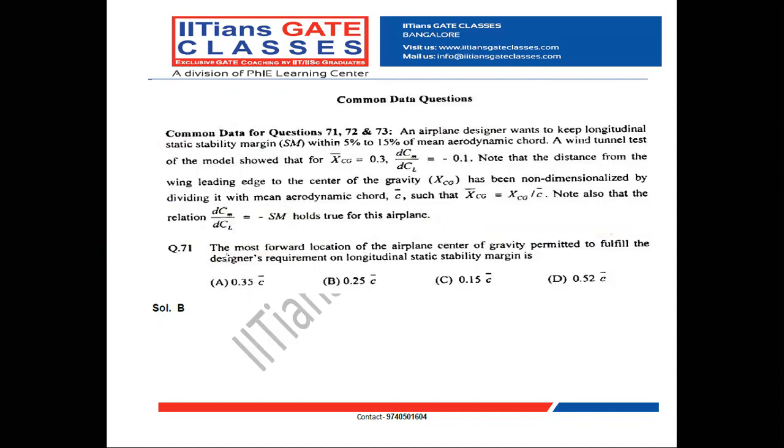In that, question number 71: the most forward location of airplane CG permitted to fulfill the designer's requirement on longitudinal stability margin is. What is the most forward location of the CG of an airplane?